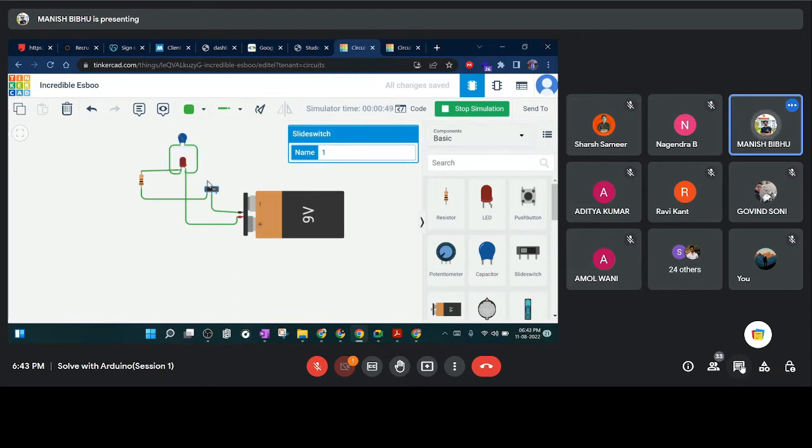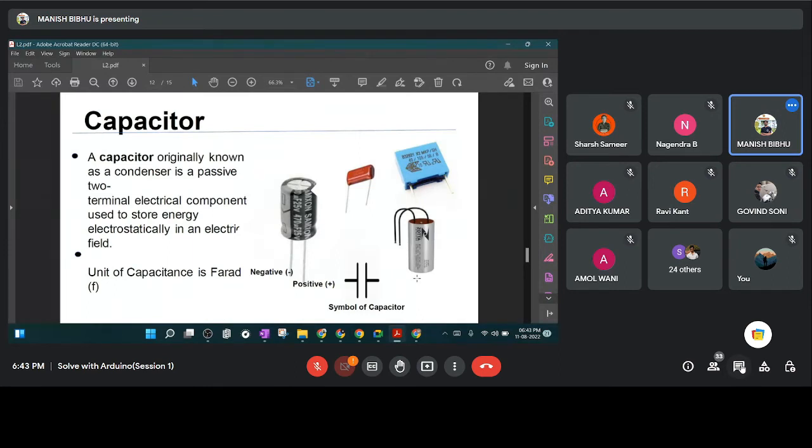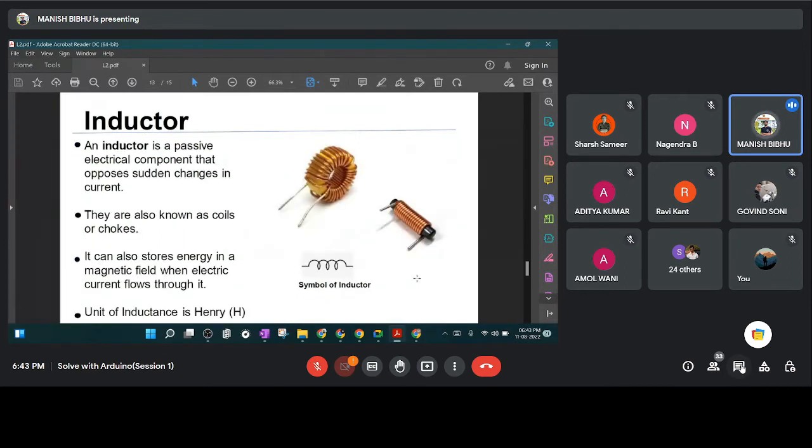That's why we use a capacitor to protect them from sudden switch off. When we power on, the capacitor stores some voltage, and when we cut the power supply, the capacitor provides some energy to the LED so that it switches off slowly. So it will increase the life of the device. We use the capacitor mainly for that purpose.